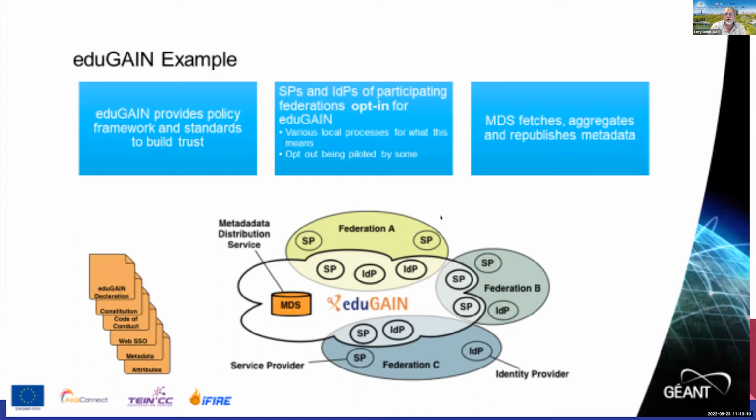So we have three federations participating here: Federation A, B, and C. Federation A is providing 2 identity providers and 1 service. Federation B is only providing a couple of services. And Federation C is providing both an IDP and a service provider.